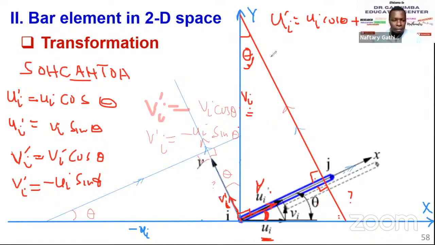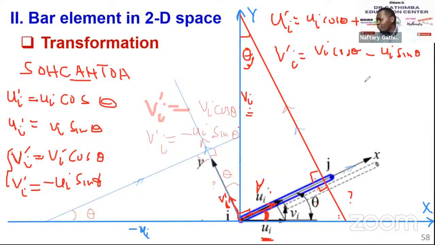And the same, the v prime i is a combination of, so v prime i will be equal to v i cos theta, plus or minus, this will be minus u i sine theta.